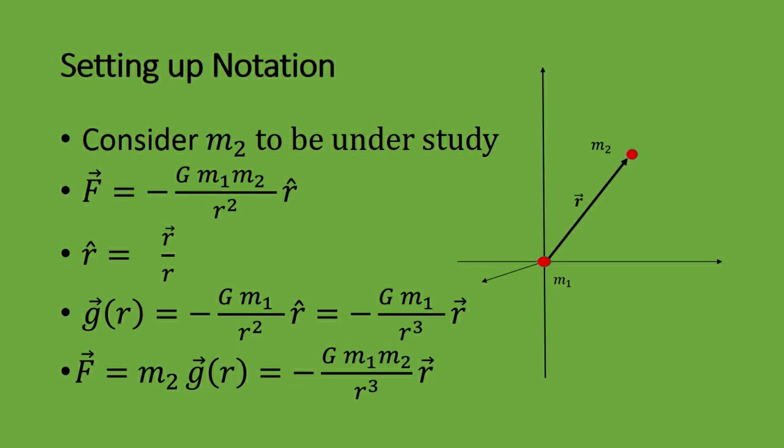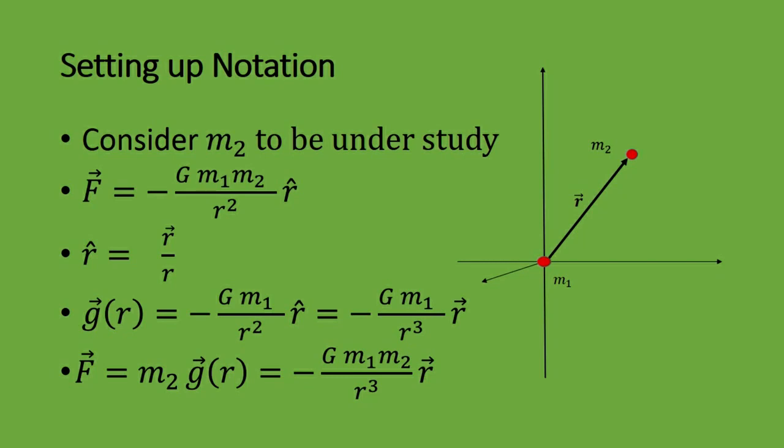Now we can define also what's called the gravitational field strength, G vector. And by that we mean, you think of mass number 1 as a source that's creating the gravitational field everywhere in space. Now, the gravitational field produced by mass number 1 is minus the universal constant times mass number 1 divided by r squared, r unit vector.